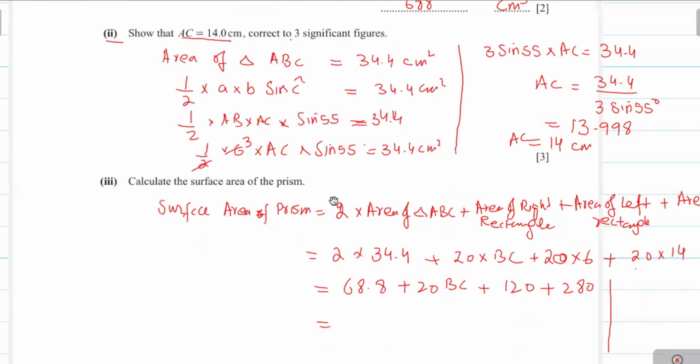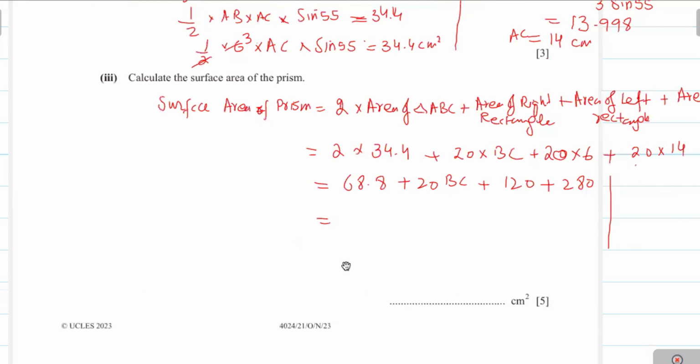Therefore, in triangle ABC, the length of BC square will be equal to AC square plus AB square minus 2 times AB into AC into cos of the angle between them, cos 55.